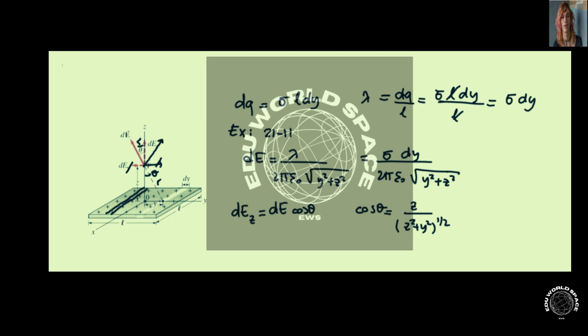So then we can substitute for dE as sigma dy over 2 pi epsilon naught times y squared plus z squared. Let me write it in this form rather than writing it with the square root, times cosine being z over z squared plus y squared to the 1/2. From here, what we have is sigma z dy over 2 pi epsilon naught times y squared plus z squared to the 3/2, right?